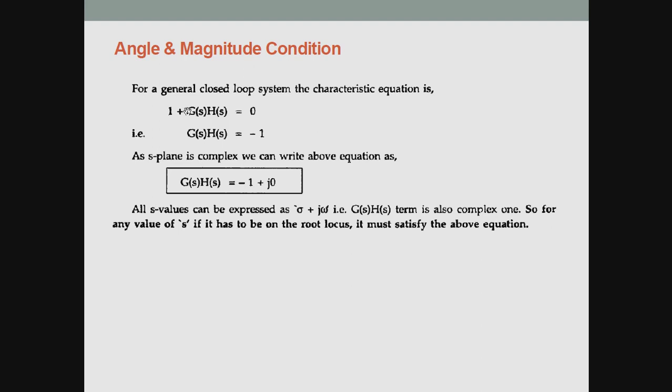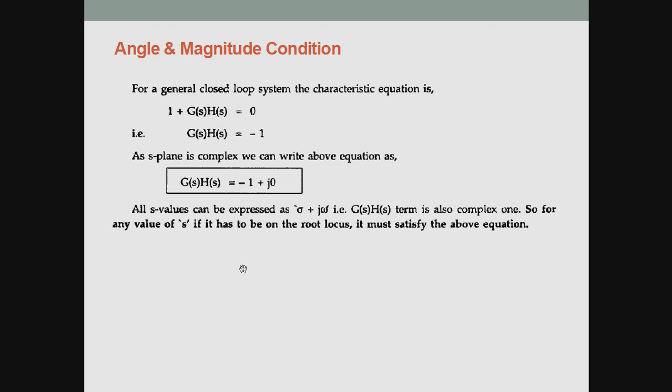Further, we call it the angle and magnitude condition. How is this checked? For a general closed loop system, the characteristic equation we know as 1 plus G(s) H(s) equal to 0. So G(s) H(s) is equal to minus 1.